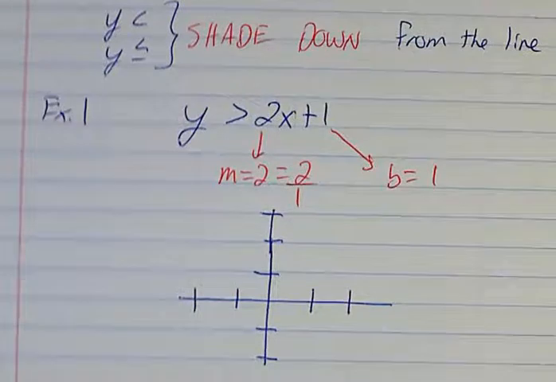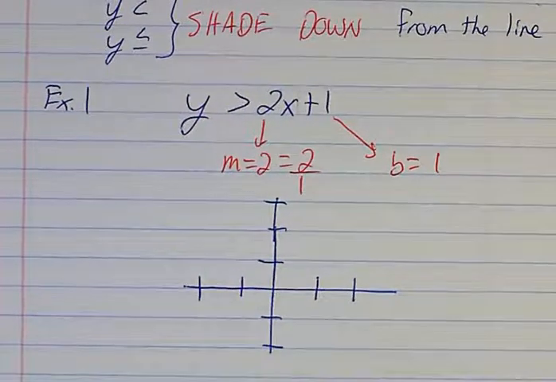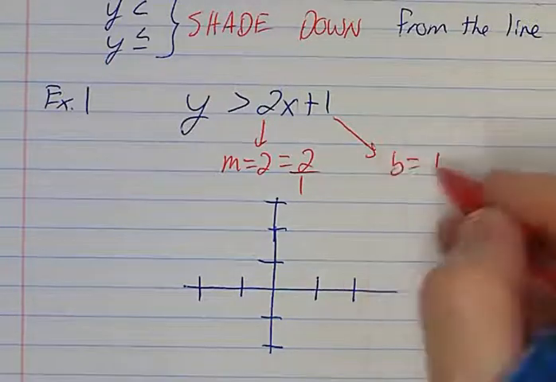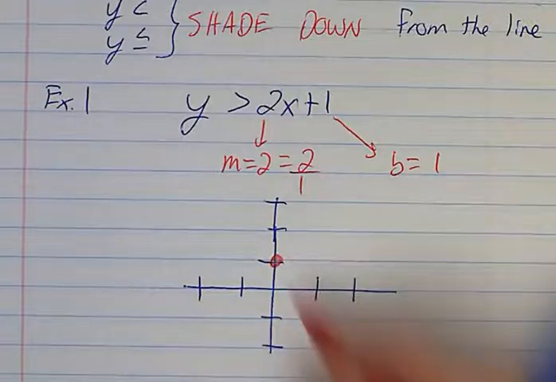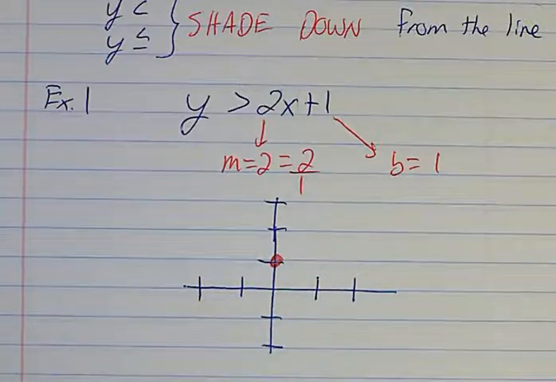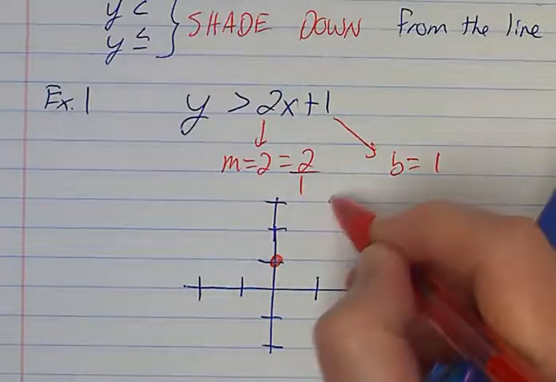Okay, so good review from a couple of days ago when we were doing this. I guess actually we were doing this last week. Did a little bit of it yesterday, but did most of it last week. The b value tells you where to start on the y-axis, so you're going to start at positive 1. And to get to the next point, it is positive, so we're going up 2 and over 1.